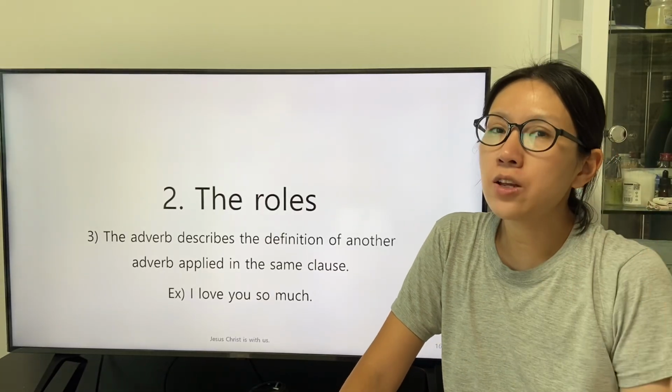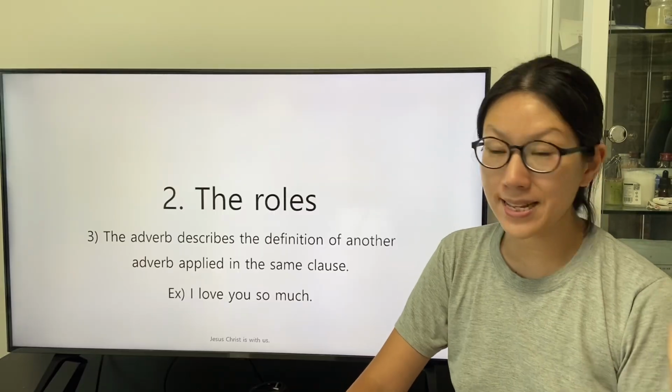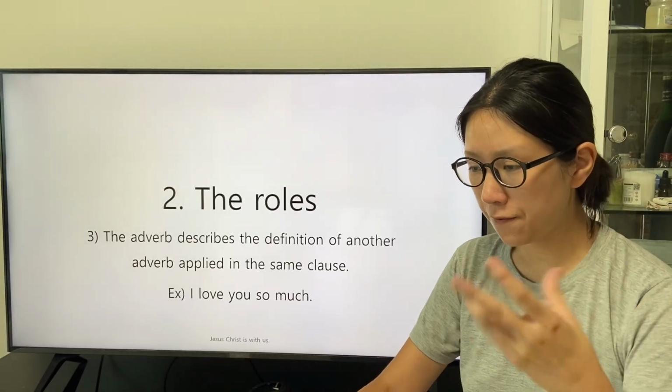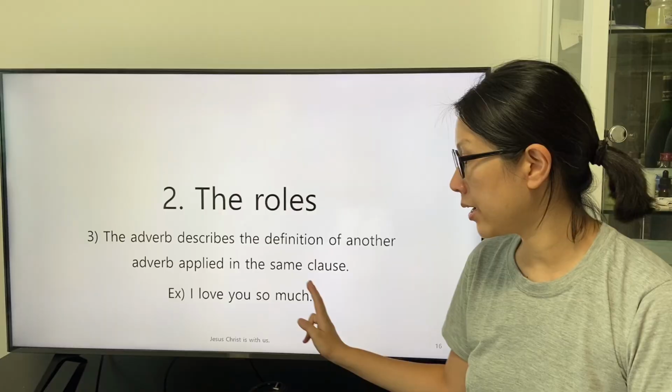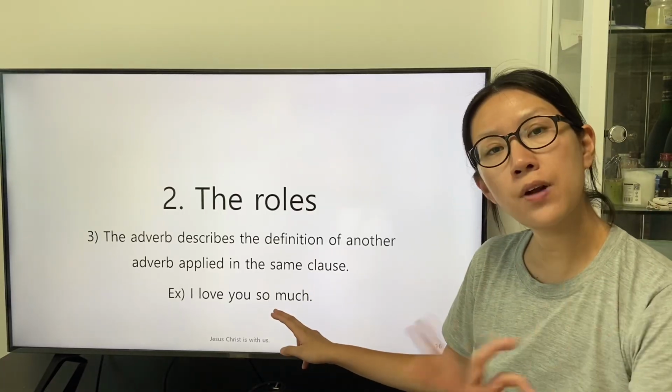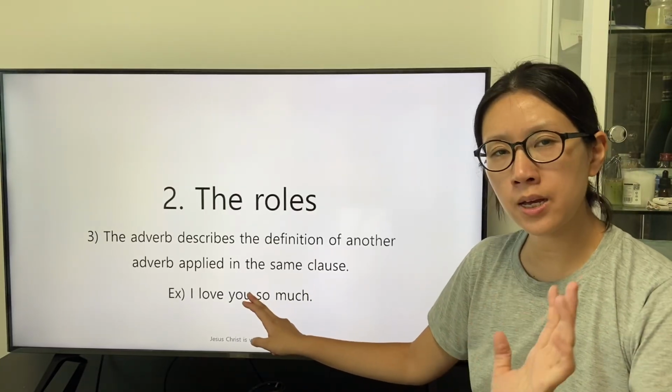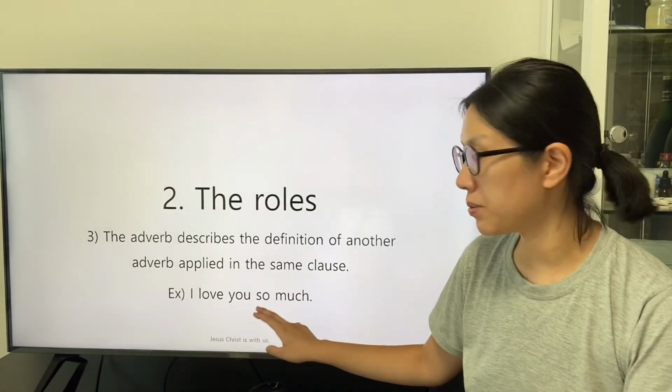So the listeners can understand the intensity of the description by the adverb much from the specification by the other adverb so.